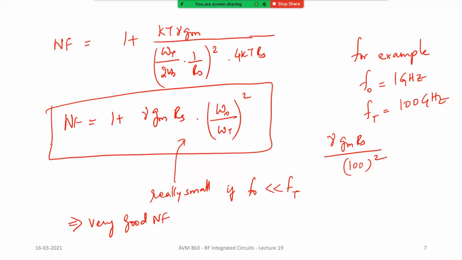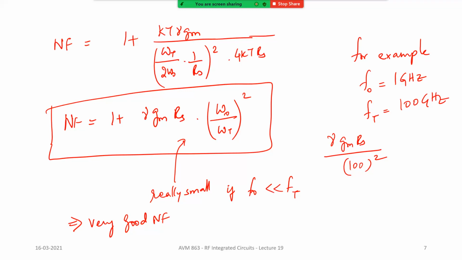Compared to all the other topologies that we have seen till now, you can get some of the best noise figures with this particular topology, which is the common source with an inductive degeneration. And which is why, for applications where you need a really low noise figure, let's say lower than 3 dB, this is kind of the go-to architecture.